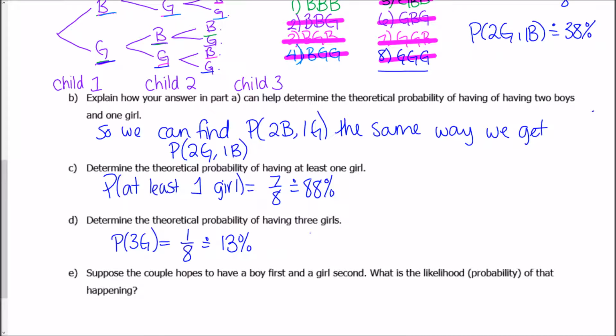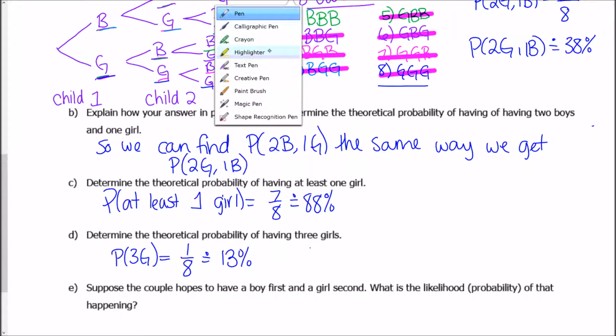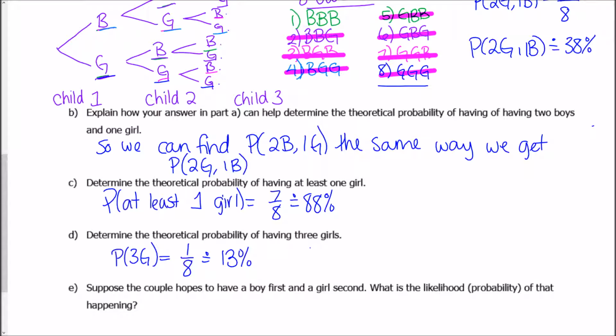Okay? So then part E says, suppose the couple hopes to have a boy first and a girl second. What is the likelihood or probability of that? So it doesn't matter what the couple gets third, okay? So let's go ahead and highlight all the ones that have boy first, girl second. So outcome 1 doesn't, outcome 2 doesn't, outcome 3 does, has a boy first and then a girl second. Outcome 4 has a boy first and then a girl second, okay?